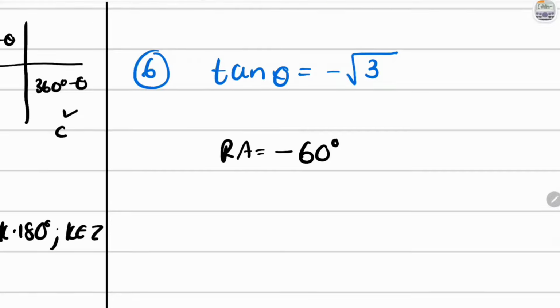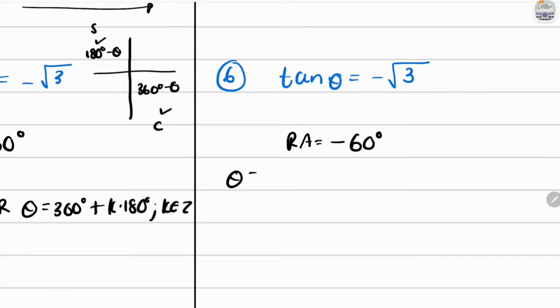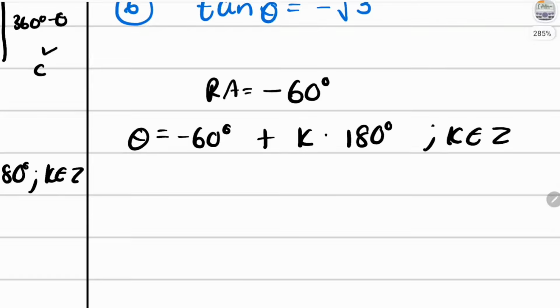Leave it like that. So our solution would just be this, and we're just going to say theta is equal to our reference angle, negative 60 degrees, plus k of 180 degrees, where k is an element of integers. Now, I know it doesn't look like this one, and that's fine, because your angle here is just negative.